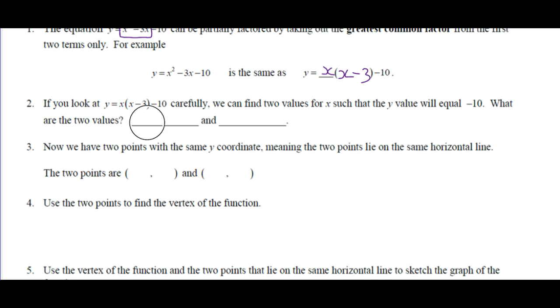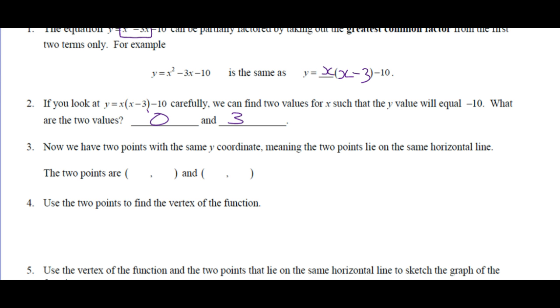If x is 0, then you end up with 0 times negative 3, which is 0. What other value could you put in for x that would make this expression 0? So something minus 3 plus 3, right? You put in a positive 3.